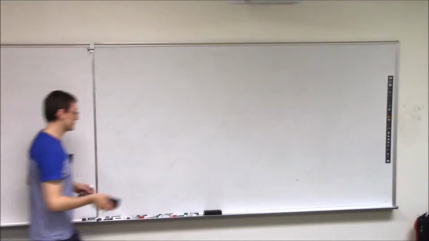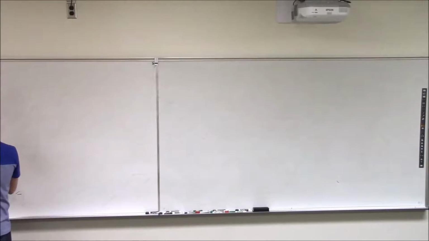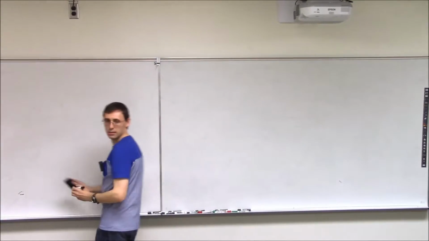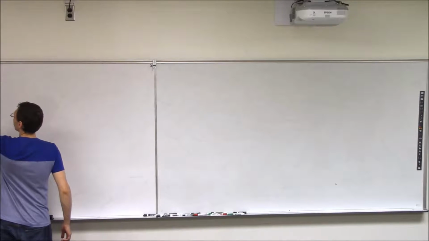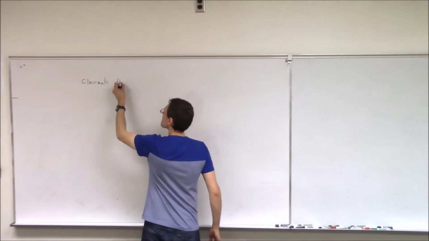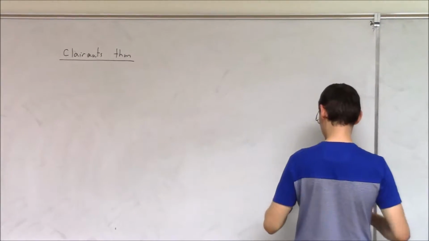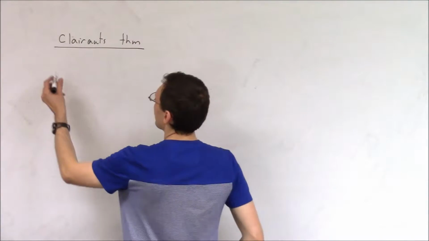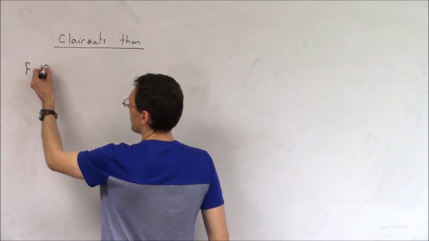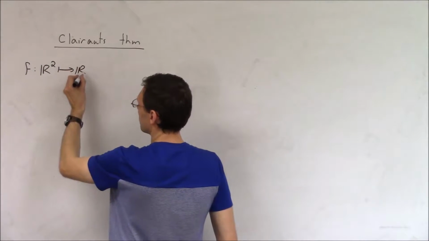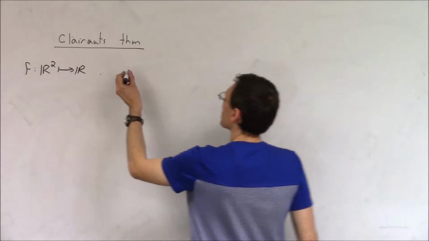We go with Clairaut's theorem. So Clairaut's theorem, what it's really saying, I'll first just introduce it: suppose we have a function from R2 to R. And then we say the following.